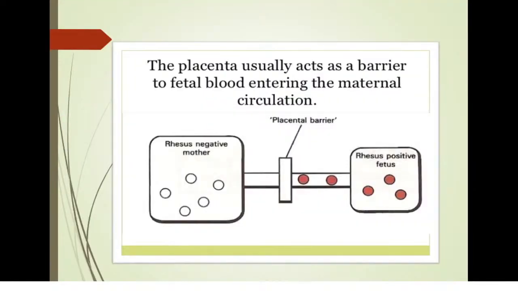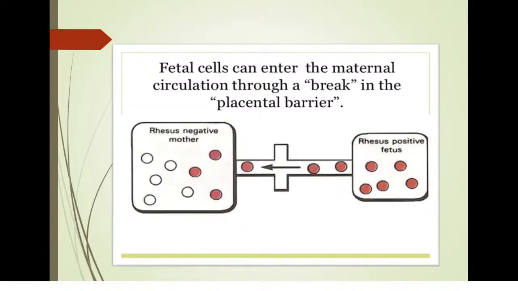The blood of the mother and fetus does not mix. The placenta is usually impervious to fetal red blood cells. Fetal red blood cells during pregnancy do not enter the mother's bloodstream.